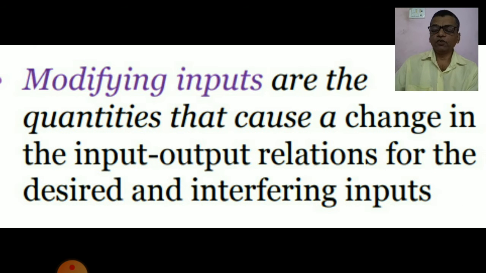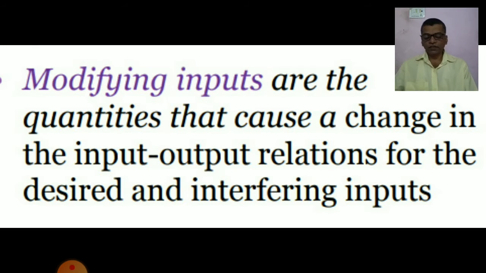Now we will see what modifying inputs are. Modifying inputs are defined as inputs which cause a change in the input-output relationship for either desired inputs or interfering inputs or for both. Thus, a modifying input RM is an input that modifies GD and/or GI.